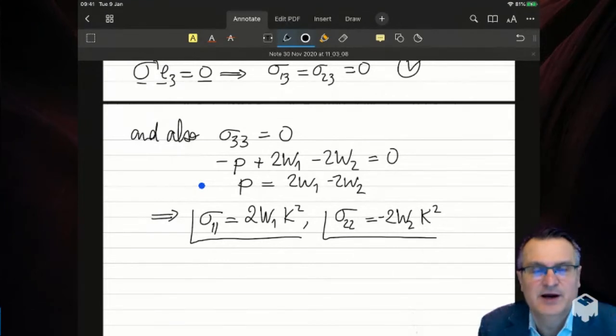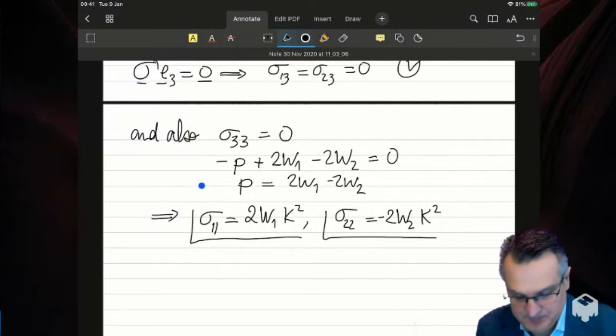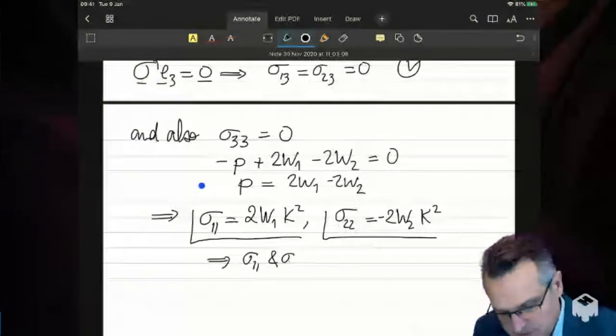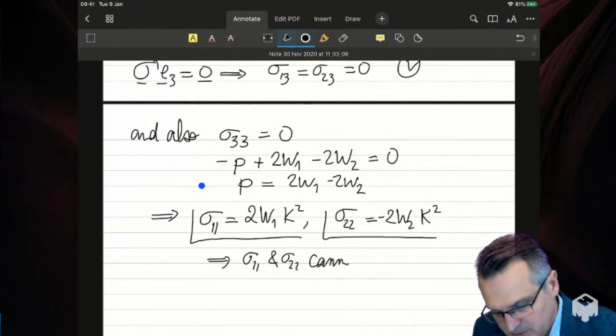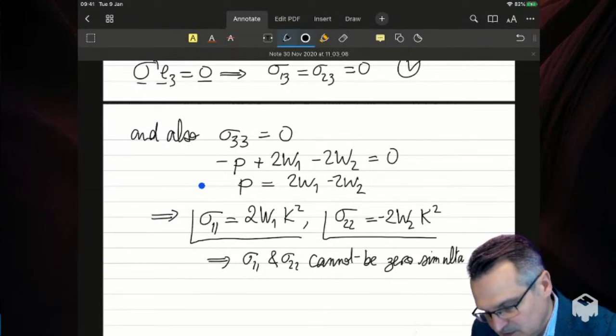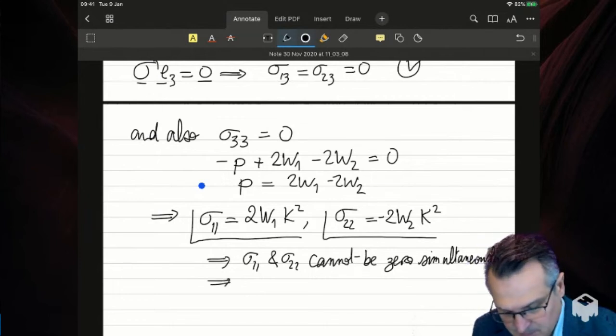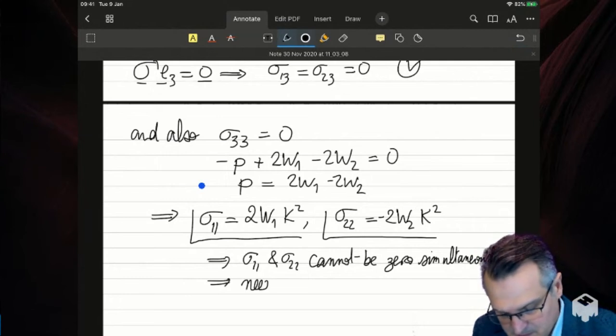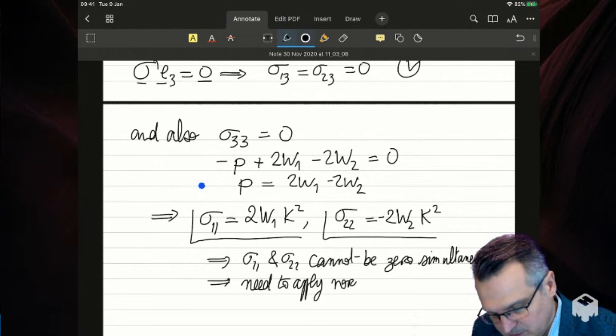Then W will not depend on I1 nor I2, and then there will be no W. Sigma 1,1 and sigma 2,2 cannot be 0 simultaneously. So we need to apply normal forces.